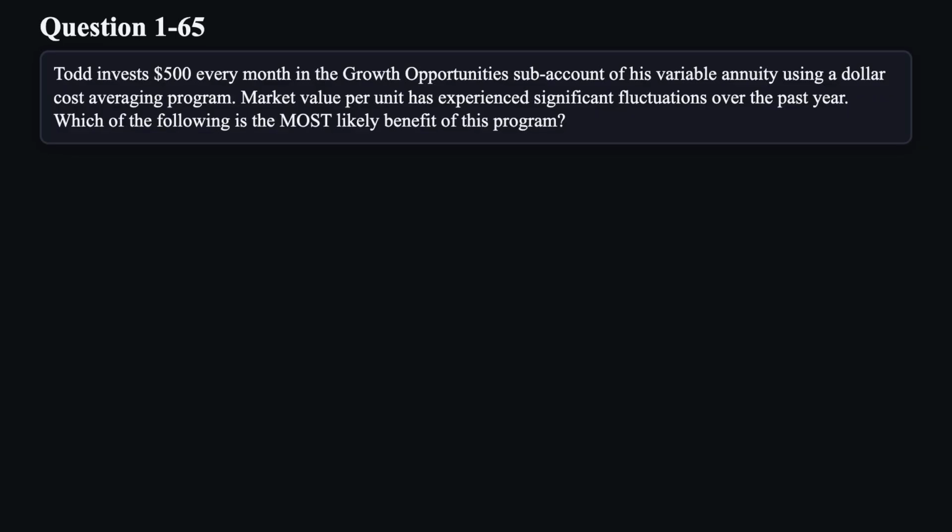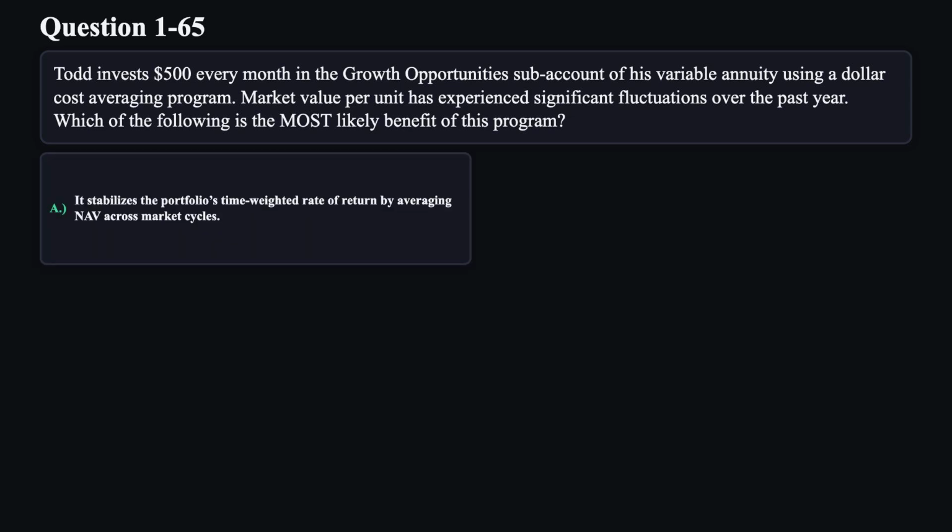Question 65. Todd invests $500 every month in the Growth Opportunities sub-account of his variable annuity using a dollar-cost averaging program. Market value per unit has experienced significant fluctuations over the past year. Which of the following is the most likely benefit of this program?